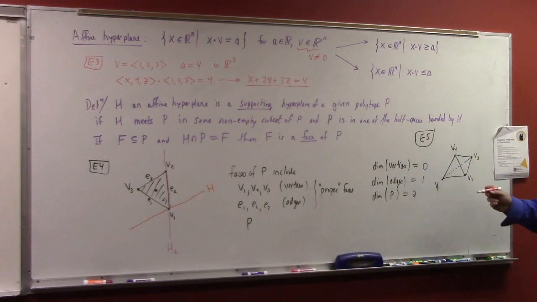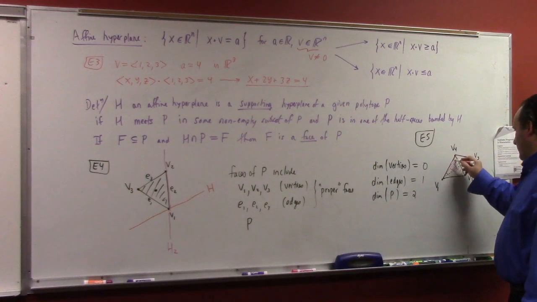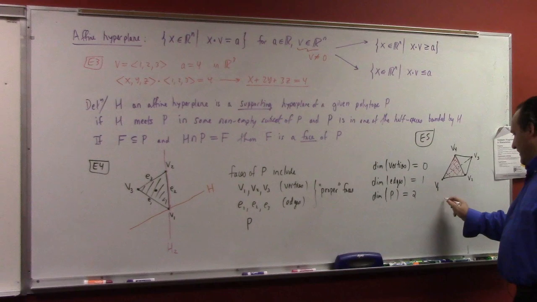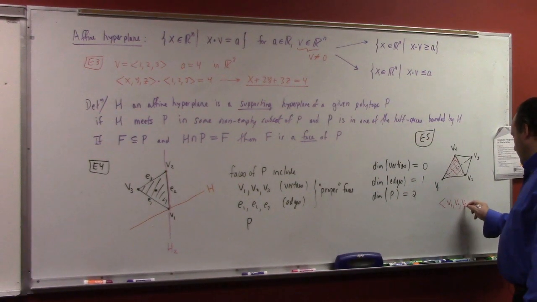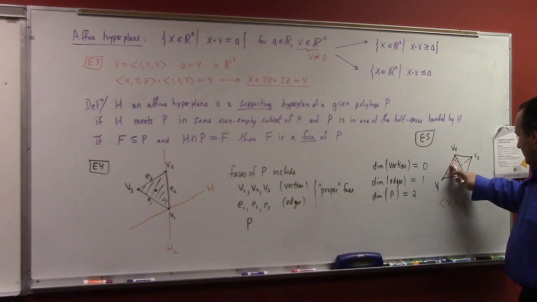One of the faces is the front face, and what we're claiming is that you can obtain that front face as the convex hull of V1, V2, V3. Call that face 1.